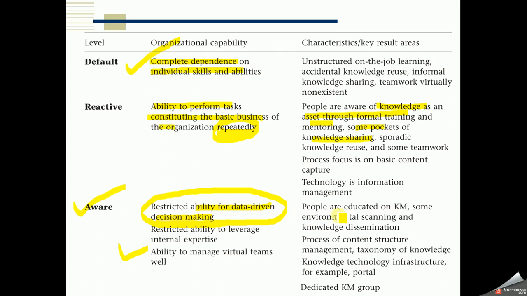And from a knowledge management perspective, people are educated on knowledge management. Some environmental scanning and knowledge dissemination is there. The process of content structure management, taxonomy of knowledge, technology and infrastructure is there. So people are aware that knowledge management is a good thing and it needs to be shared among the people.